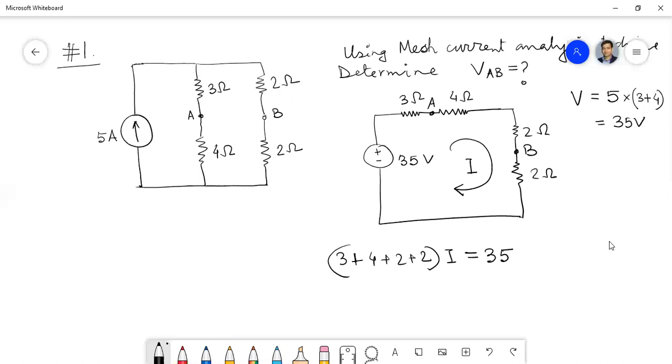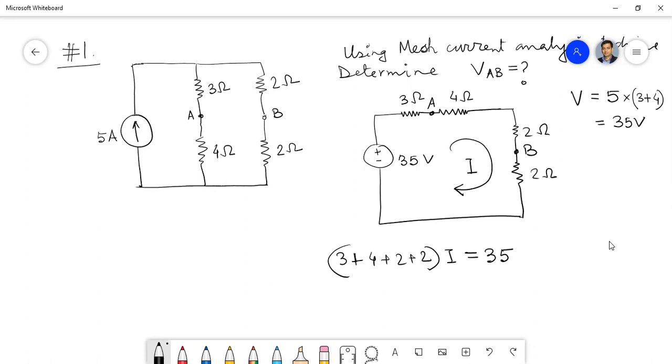Remember, we are not using KVL, we are using the loop current technique, which says that for the first loop equation we have to consider the self resistances of the first loop itself. So here the self resistances are 3 plus 4 plus 2 plus 2, into the current value equals the voltage value.